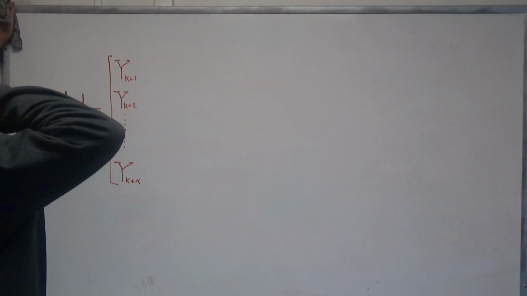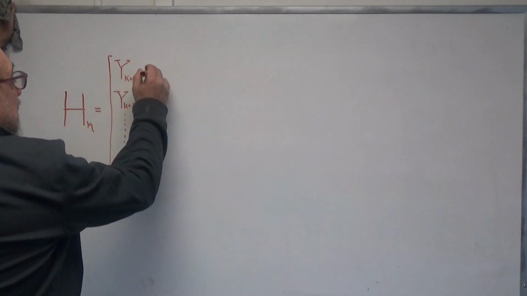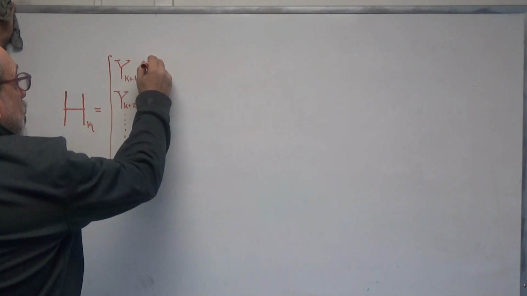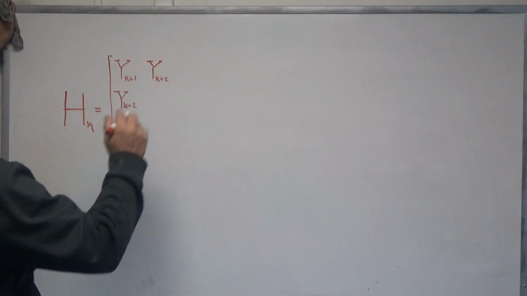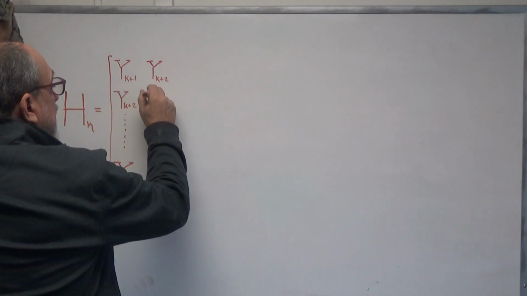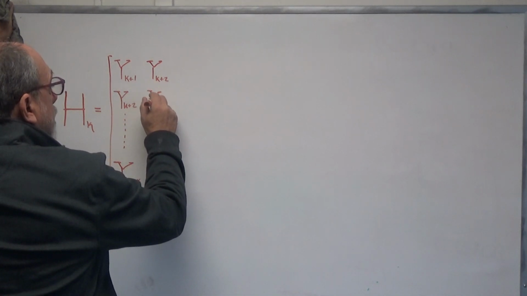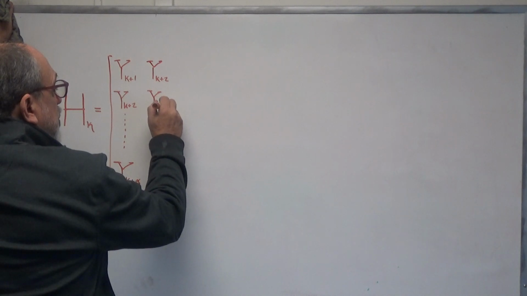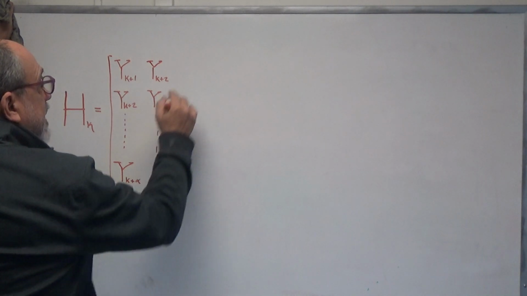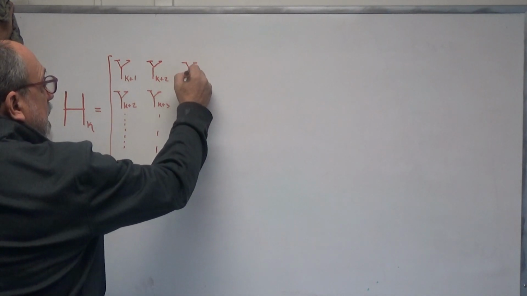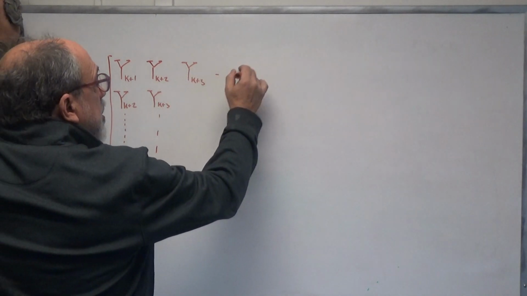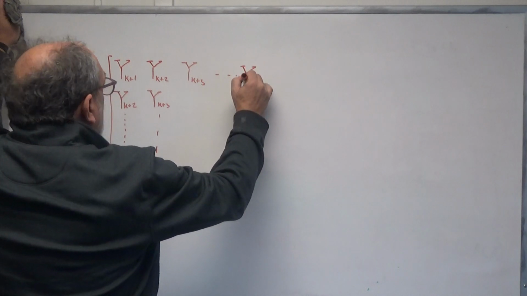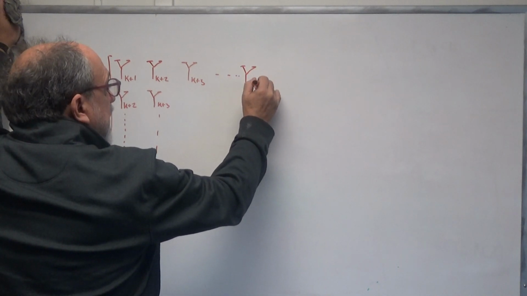Now, in this direction, we go by increasing order also to k plus 2. This one would be the k plus 3, and so on, until the Markov parameter k plus beta.